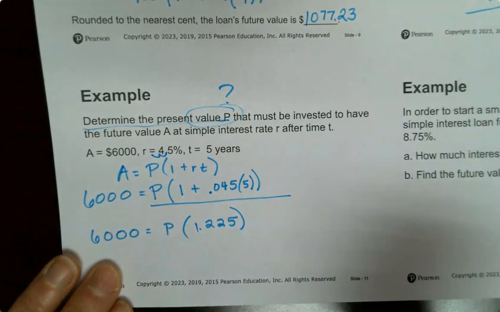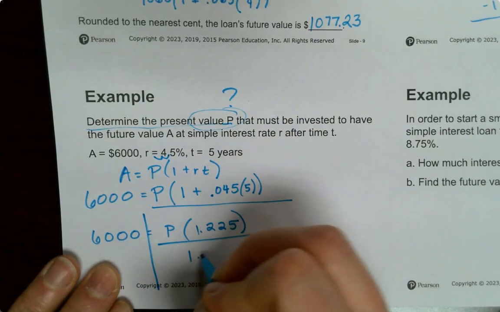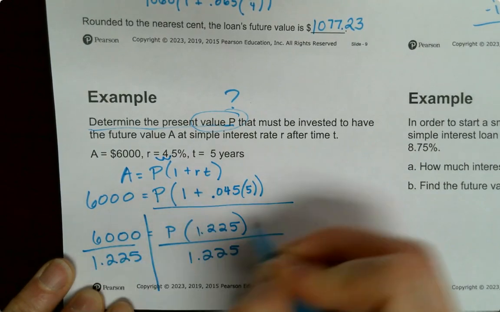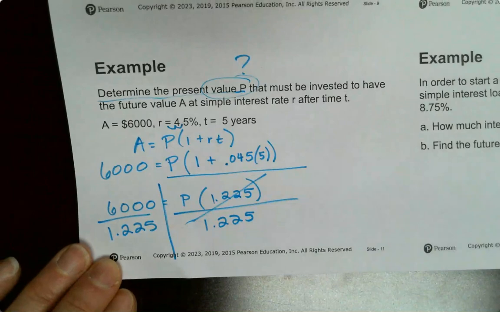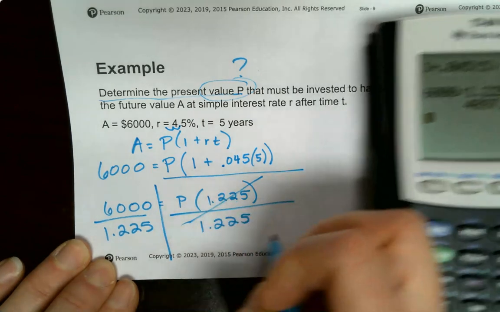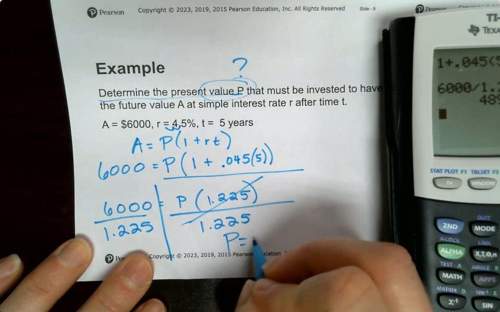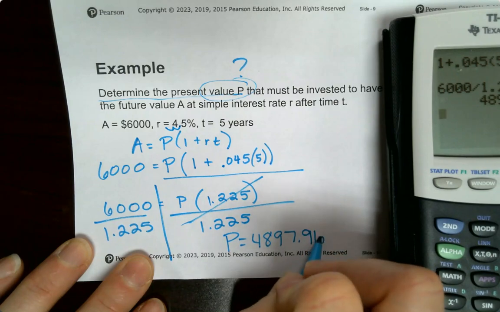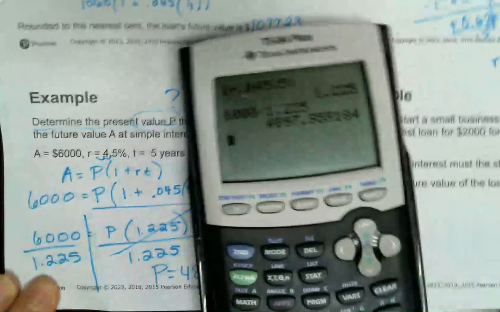And now I want to get P by itself, so I divide by 1.225. Those will cancel. 6,000 divided by 1.225. So our P is 4,897.96, because we would need to round that.